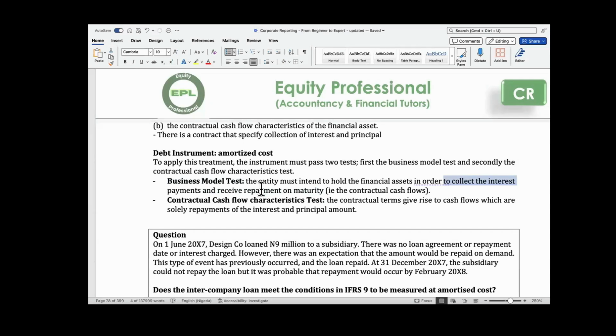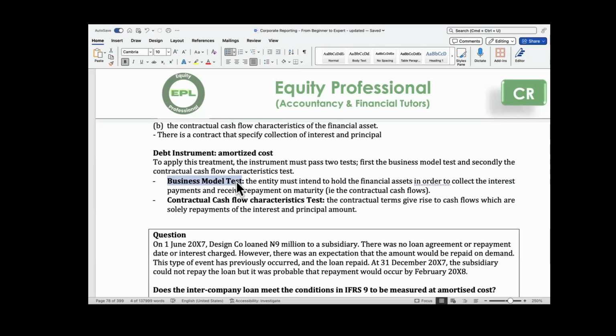So what we're just learning from there is that fundamentally for amortized cost, yes, there's a basis that says business model test. The intention is to collect interest and principal, because popularly, when you lend people money, you collect interest and principal.